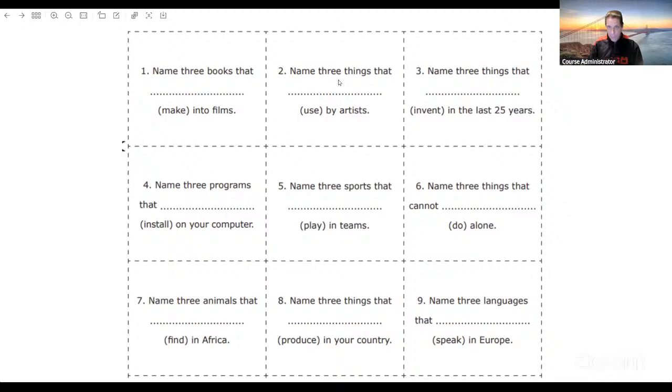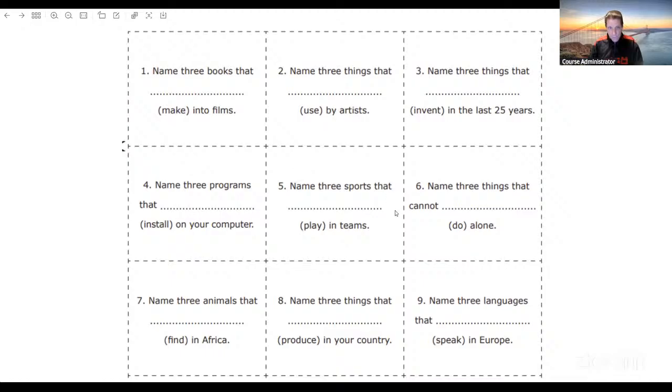For example, a canvas is used by an artist. Paint brushes are used by artists. And what else would be used by an artist other than a canvas and paint? So I suppose maybe some pencils. Pencils could also be used by artists.